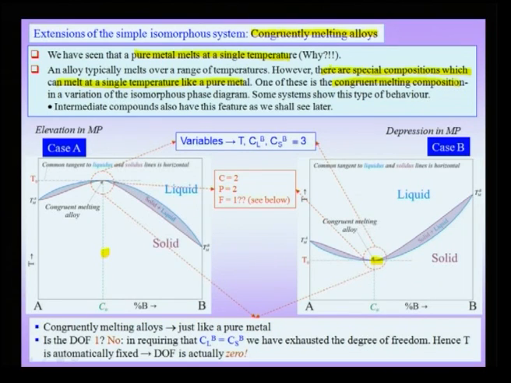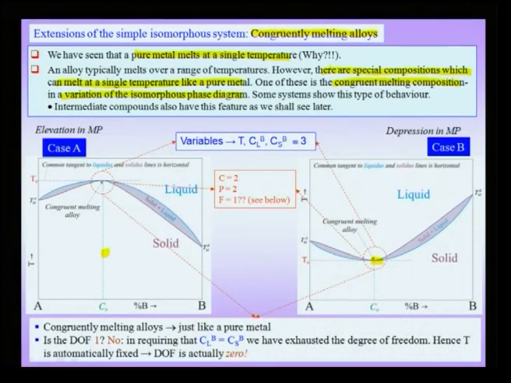Of course, these occur only in specific alloy systems, it may not occur in all alloy systems, and the first two of them we consider here, the two congruent melting types in this current slide, are variations to the isomorphous phase diagram, and we will note later that some actual systems show these types of behaviors.